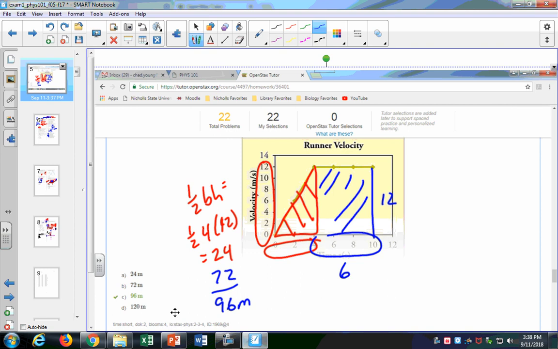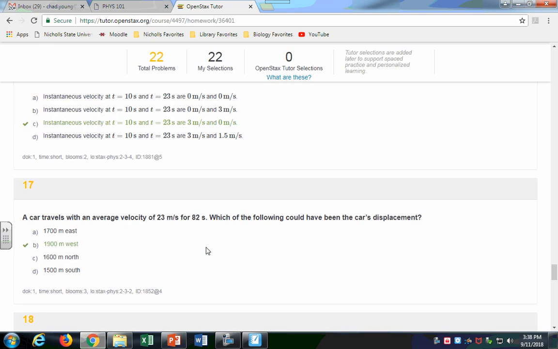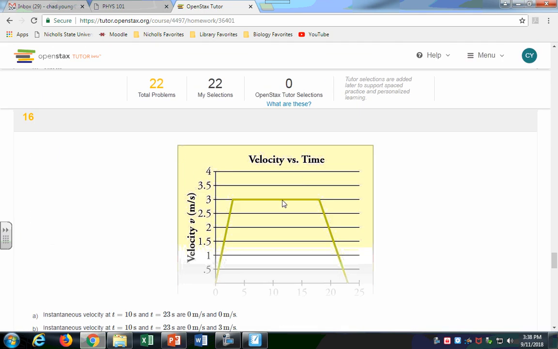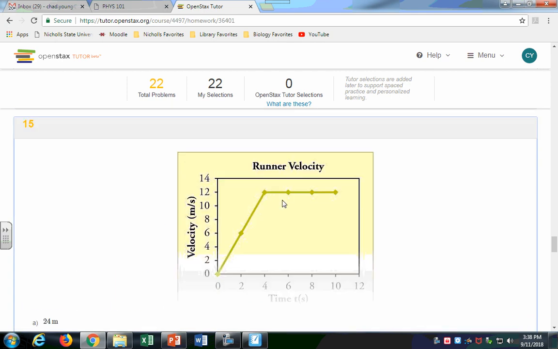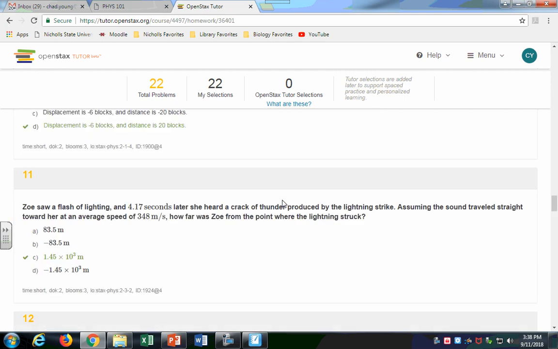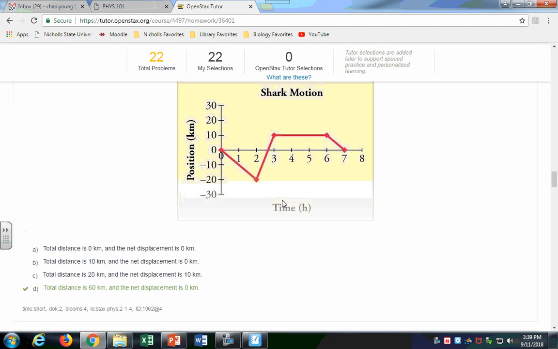Also in that OpenStax, this was a good quiz. I like this one. You have to do the instantaneous velocity here. Where is that one? The shark problem. Here it is. I like this one. They asked what is the total distance and what is the displacement. I think it was between 0 and 7 meters.